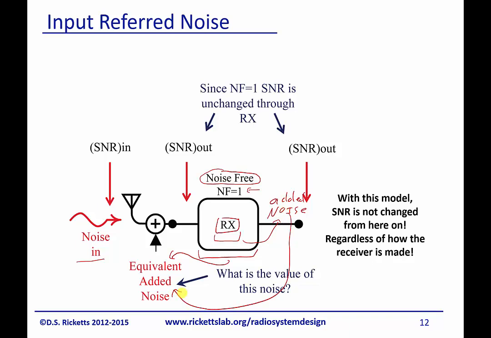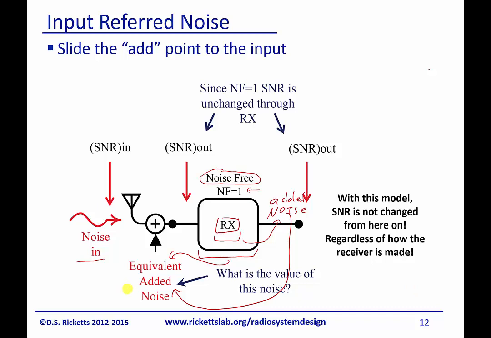So let me just give you a quick example of that. Let's imagine our amplifier had a gain of 2. And I had noise that was, I'm just going to make up a number here. Let's say my noise was minus... So the idea here is to simply add the noise to the input and make everything after it ideal.